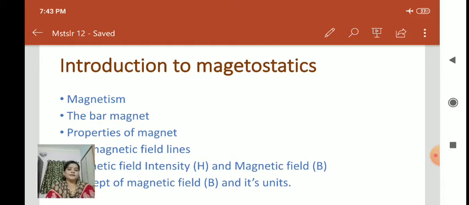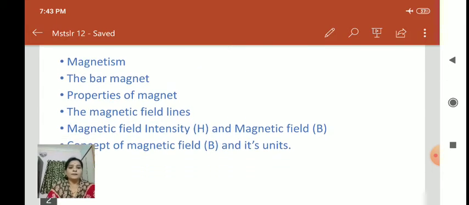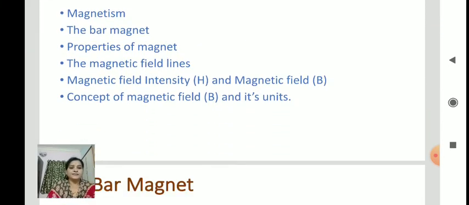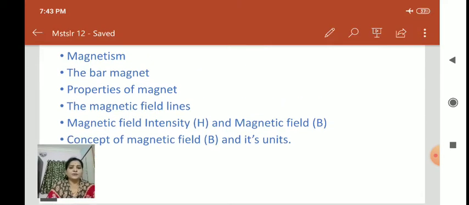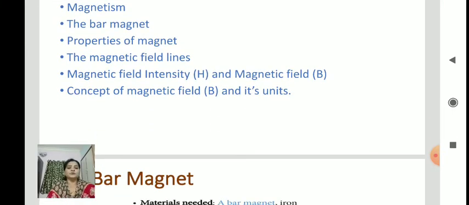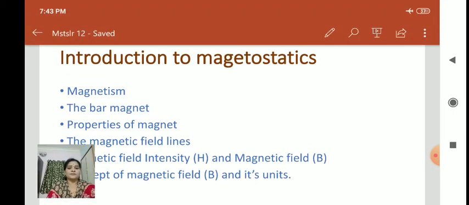So the property of attracting some materials is termed magnetism. Magnetism is the property of a particular type of materials which possess the property of attracting other materials.